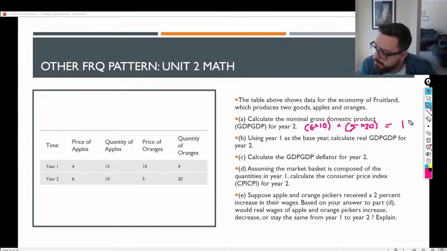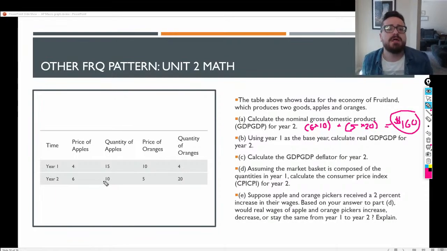So this is the total dollar value of everything produced in this economy in year 2. That's all nominal GDP is. They produced 10 apples and 20 oranges. What's the total dollar value of all of that? Those are the prices. Multiply and add. That's all you're doing.